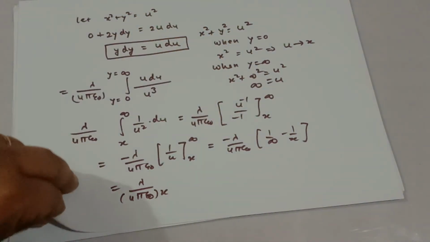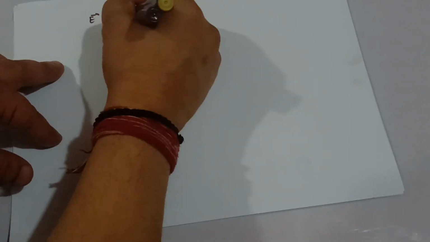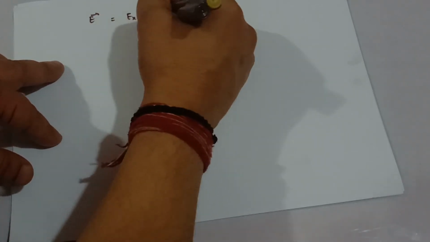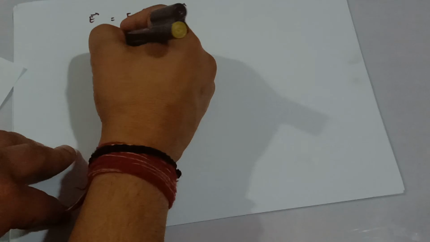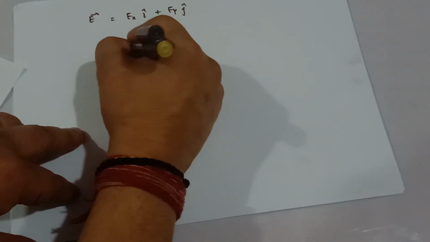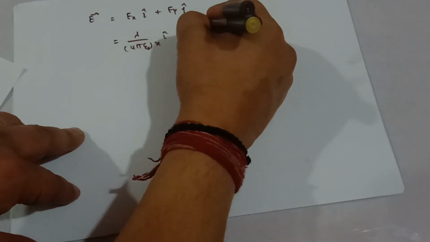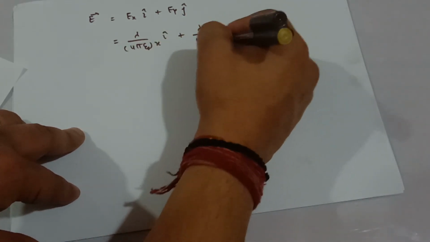So you can say that the total electric field at point P would be the electric field along the x-axis, unit vector i, plus the electric field along the y-axis, unit vector j. That can be written as lambda divided by 4 pi epsilon naught into x of i plus lambda divided by 4 pi epsilon naught of y of x, of course, into j.